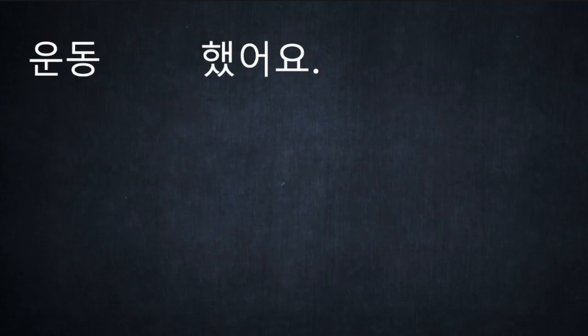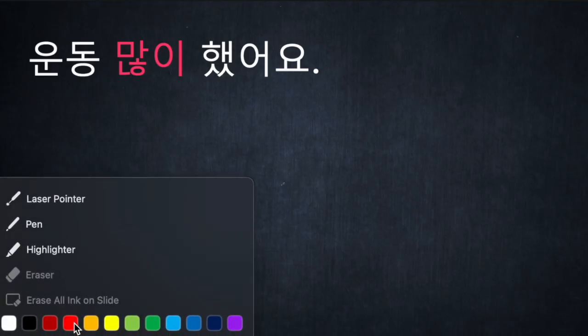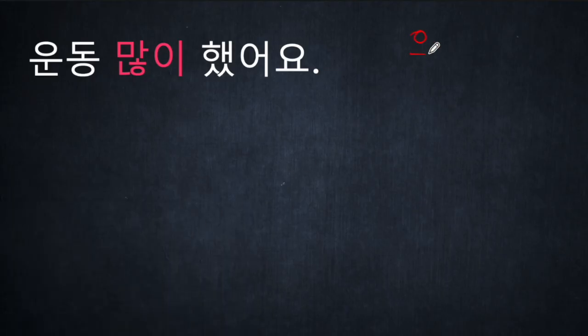Try to use 많이 and 조금 in a sentence. So 운동했어요. I worked out. I worked out a lot. So you have to put that in front of the verb. 운동 많이 했어요. But you could say, oh, but I thought 운동했어요 was the verb. Yes, but in reality, 운동했어요.